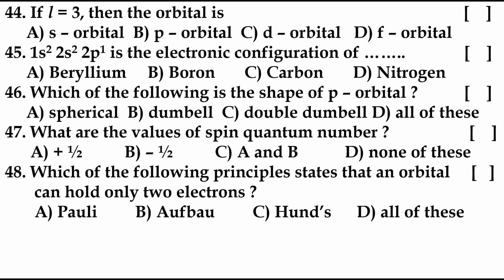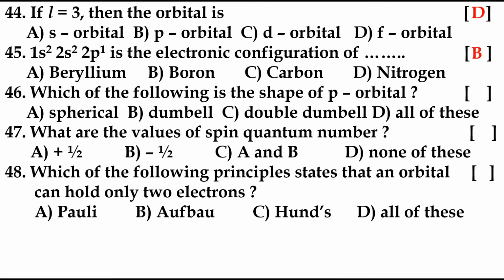A. S orbital, B. P orbital, C. D orbital, D. F orbital. Answer is option D, F orbital. 45. 1s2, 2s2, 2p1 is the electronic configuration of dash. A. Beryllium, B. Boron, C. Carbon, D. Nitrogen. Answer is option B.